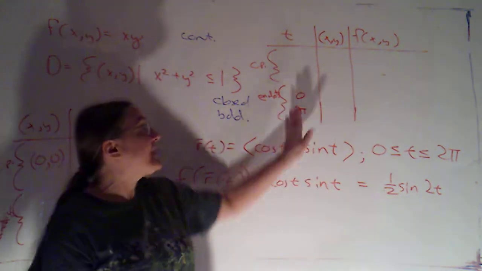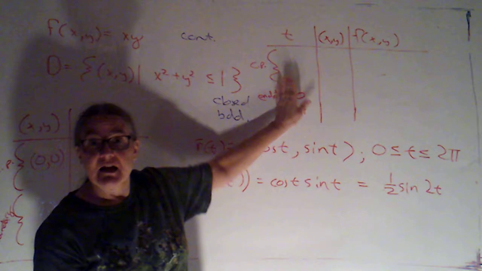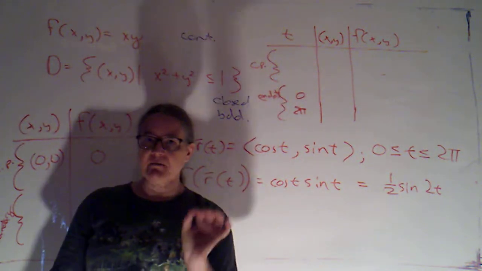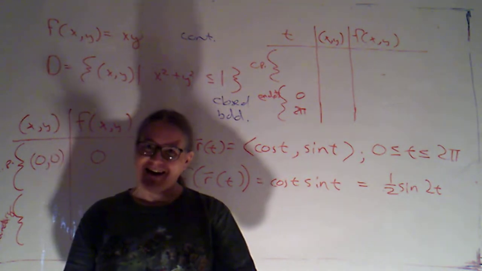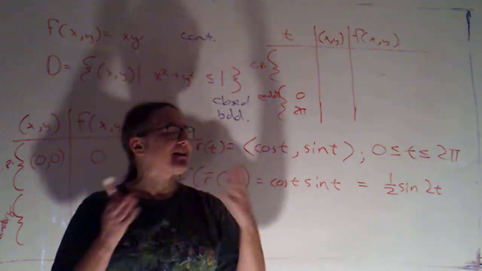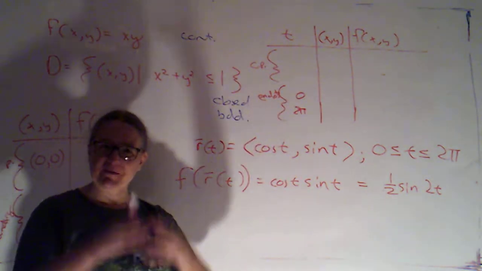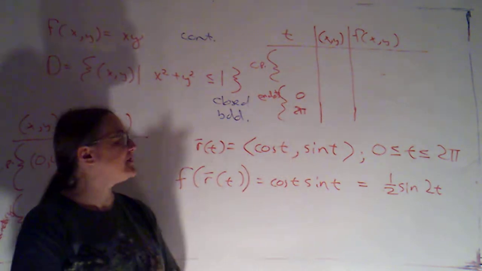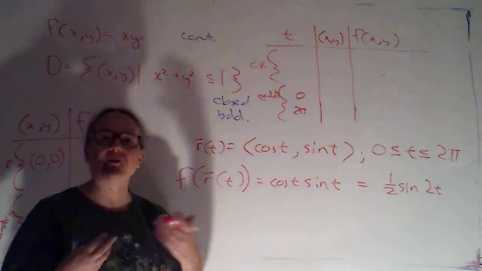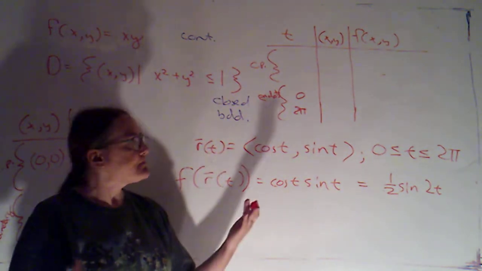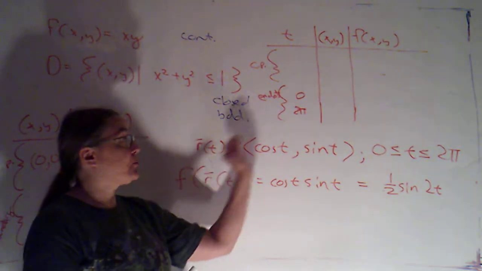You can't just leave them off, because if you leave them off, I'm not going to know whether you forgot to check the endpoints or whether you realized that in this case, because the endpoints are arbitrary, because any interval of length 2 pi would do, that if the endpoints are the location of a max or min, they'll also be critical points. I won't know that you knew that unless you write it out.